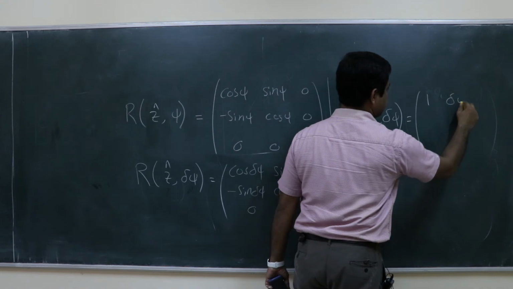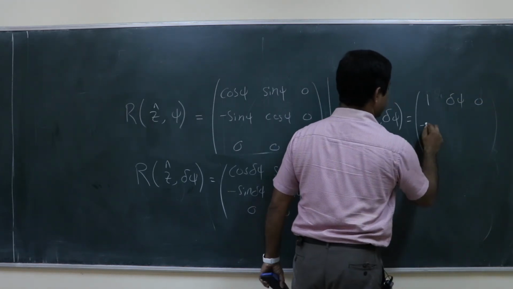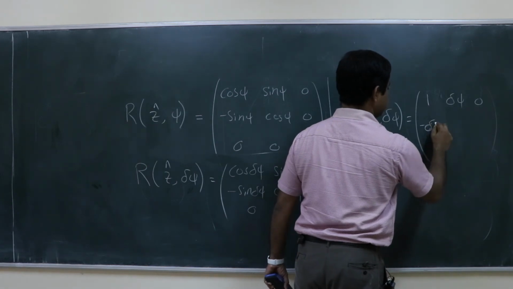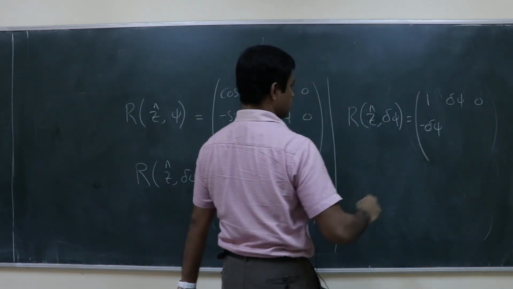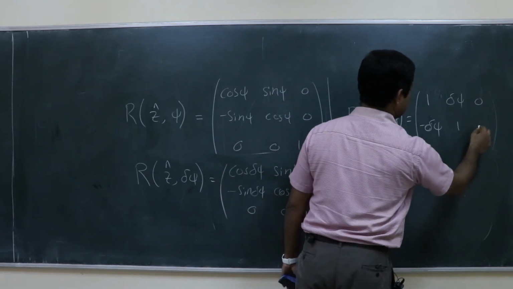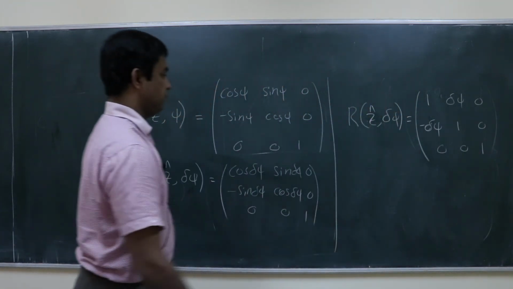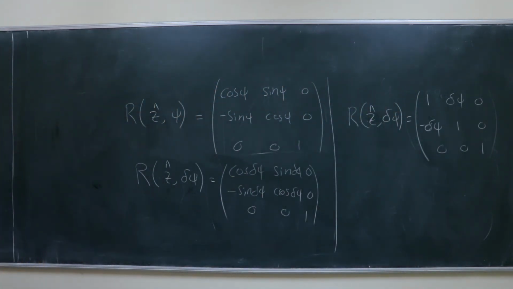Delta psi, then 0, minus delta psi, then 1, 0, 0, 0, 1. Fine? Is that correct? Yes. Okay.